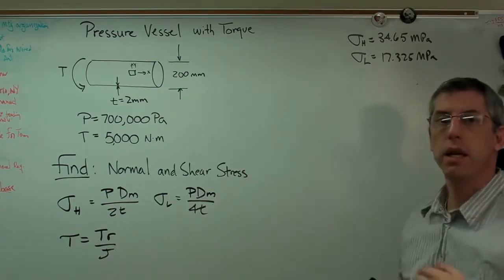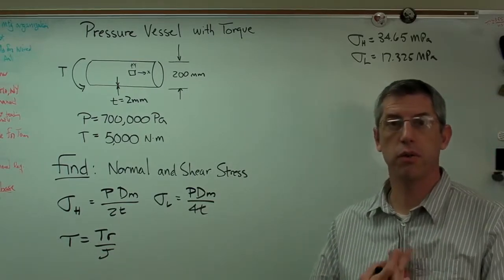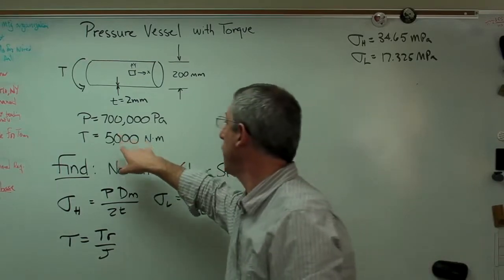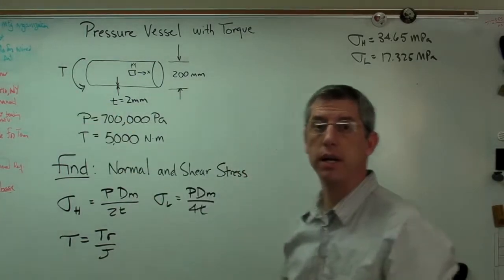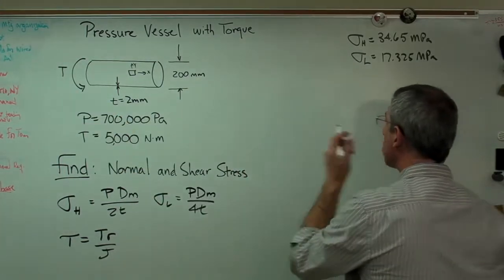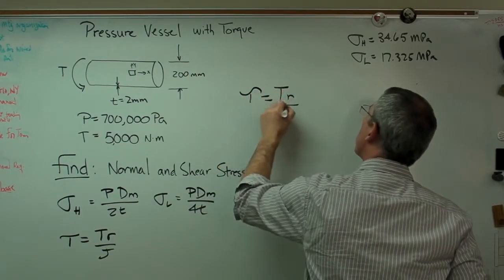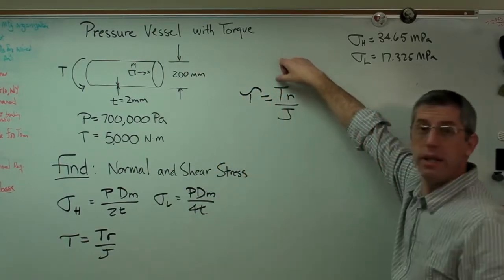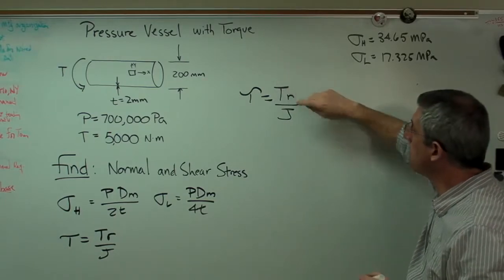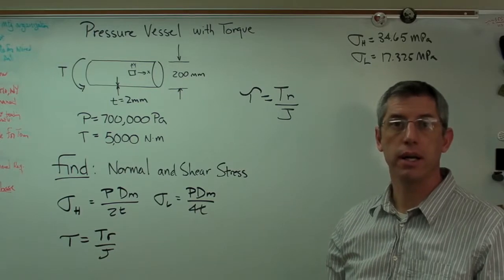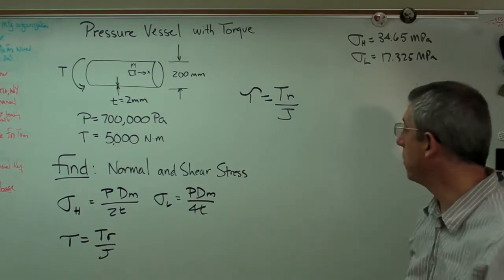Now, we need an expression for the shear stress in the tube due to the applied torque, due to a 5,000 Newton meter torque applied across the tube. And tau equals T R over J. T is given, we already know that in the problem. R is easy, that's half the diameter, so our R is 100 millimeters or 0.1 meter.